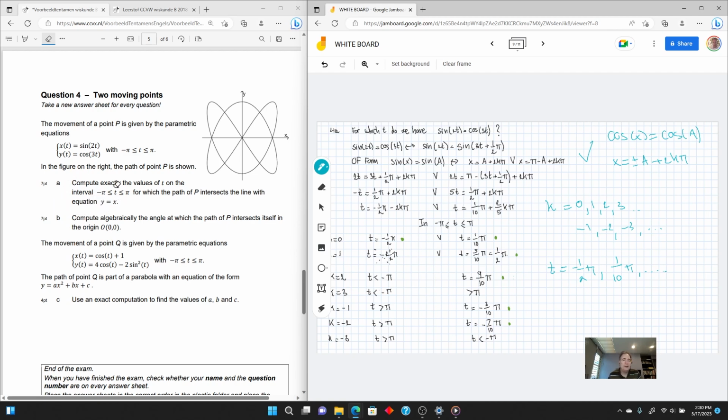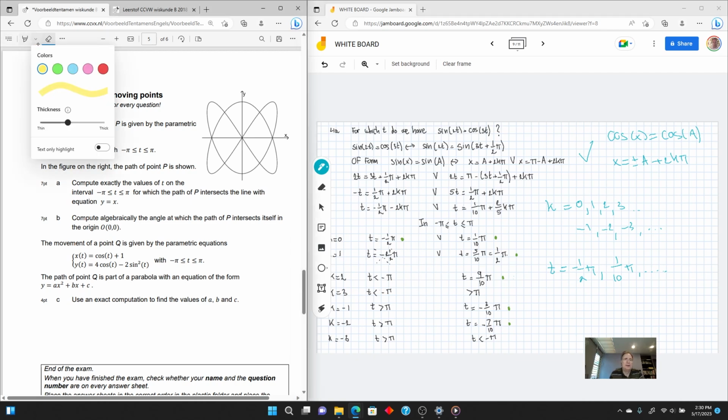Then in B, compute the angle at which the path of P intersects itself. Yeah, so you can see that in the origin, the movement was like this.